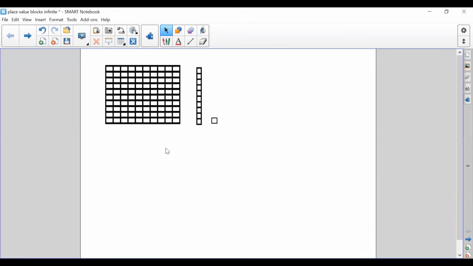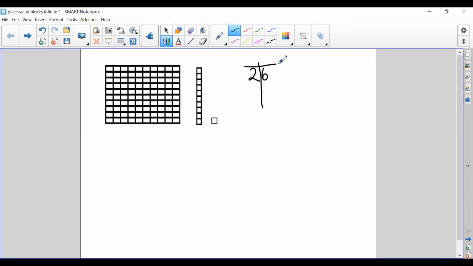Okay, so we want to show the number 26. So let's go ahead and write 26 up at the top of this page so that we know that we're working with 26. Well, if we draw a line right down the middle, we know that on this side is the tens.